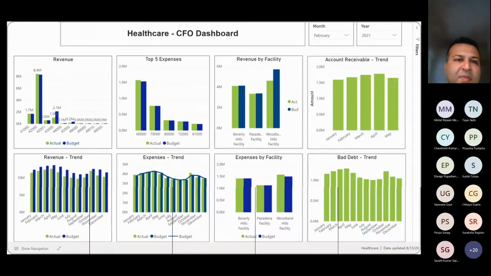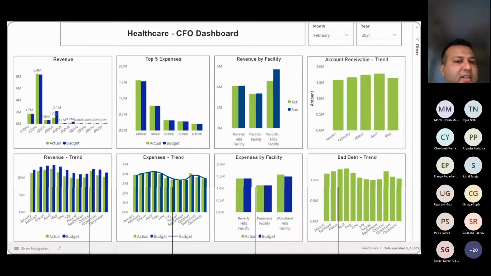So if it is even going beyond this budget, there's something they definitely need to look at. Then you can see multiple graphs, like expense by faculty, and expense trend, how the expense has moved over the period of months. Similarly, revenue, and you can see the correlation between the revenue trend and expense trend.